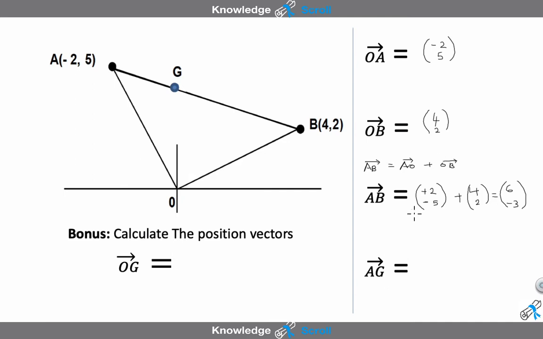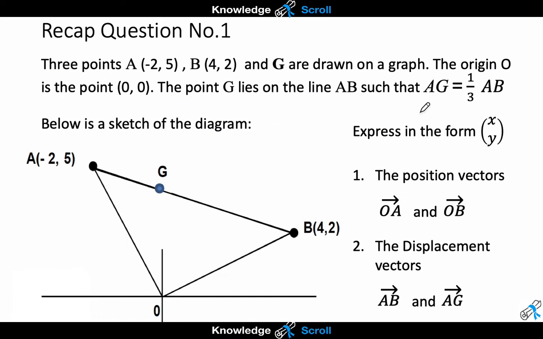(6, -3). Now AG. Let's pause a minute and go back to the question to see what it gives us about AG. Now this is why it's important to read your questions carefully, because in the question it tells us that AG is 1/3 of AB. So we must use this information to help us solve for AG.